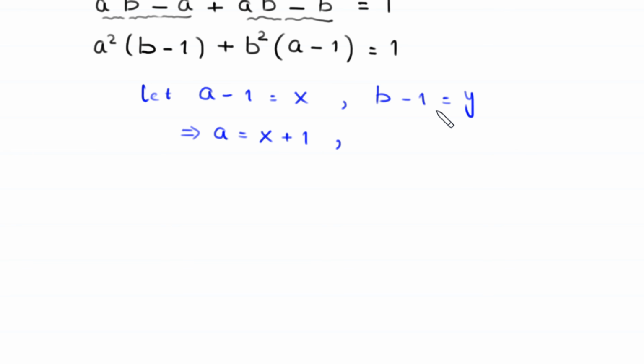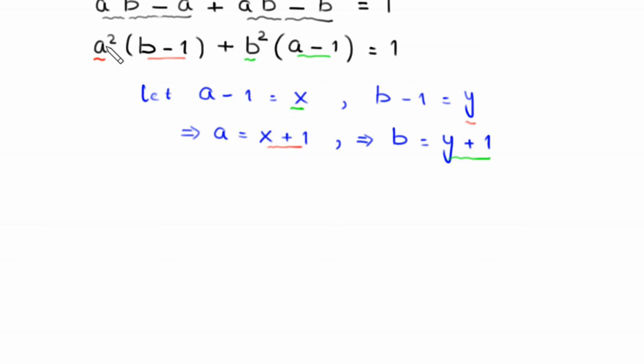And from this equation, if we move this negative 1 to the right hand side, then b is equal to y plus 1. So in this equation we replace this a with x plus 1 and this b minus 1 with y, and this b with y plus 1, and we replace this a minus 1 with x.